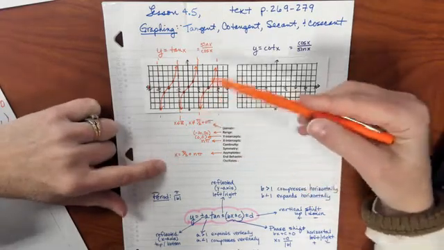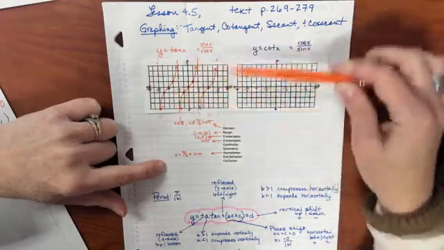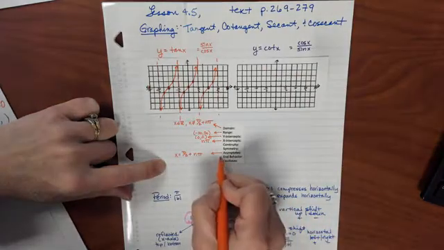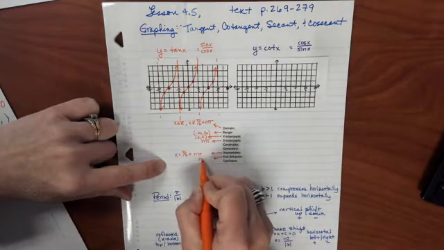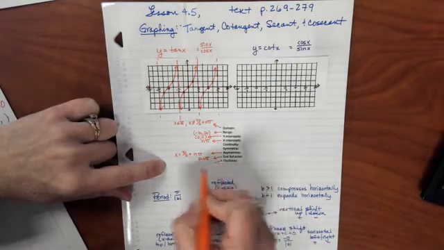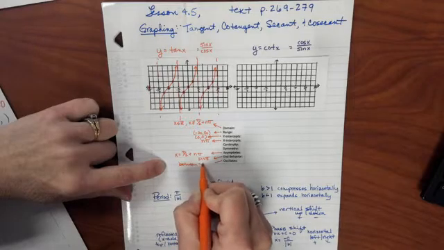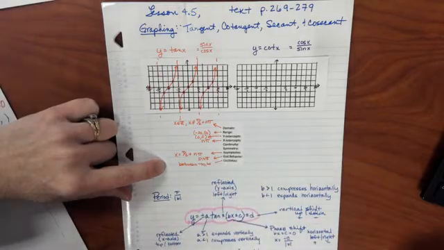It doesn't have any. It oscillates between down, up, down, up, down, up. So the end behavior doesn't exist, and the whole graph oscillates between negative infinity and infinity.